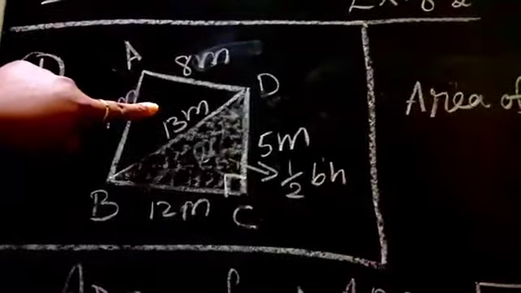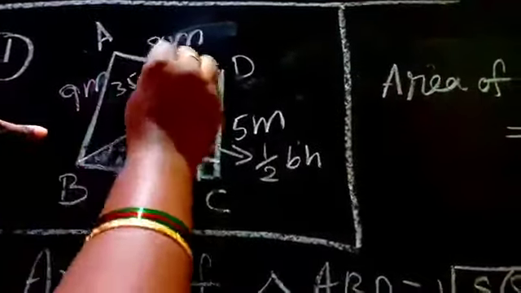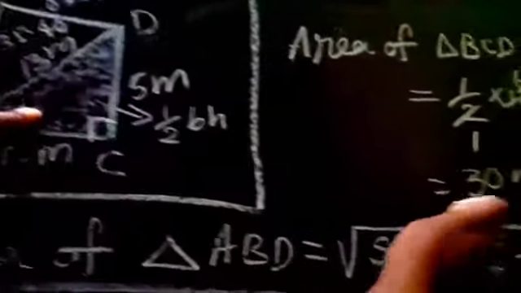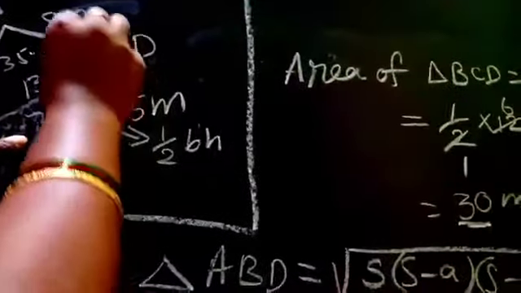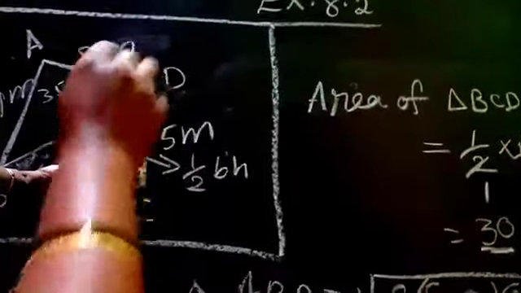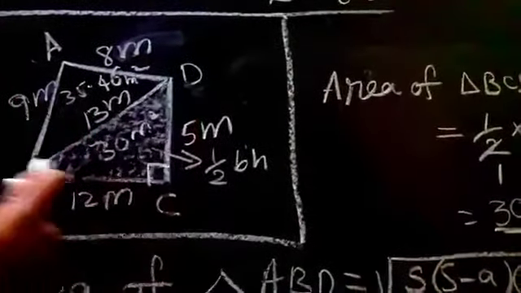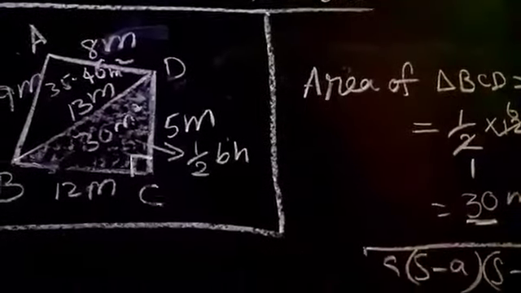Yeah, triangle area is 35.46. This triangle area is 30 meter square. Here also meter square. So we have to add both. Then only we will get the total area of quadrilateral. So I am going to add both.